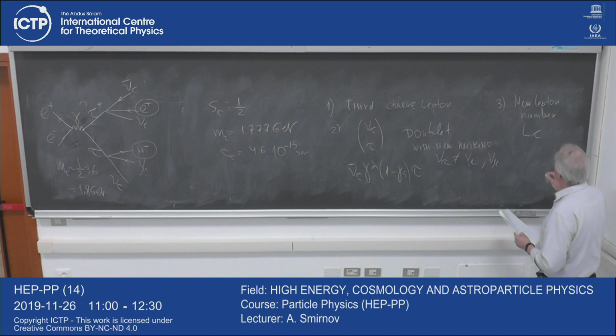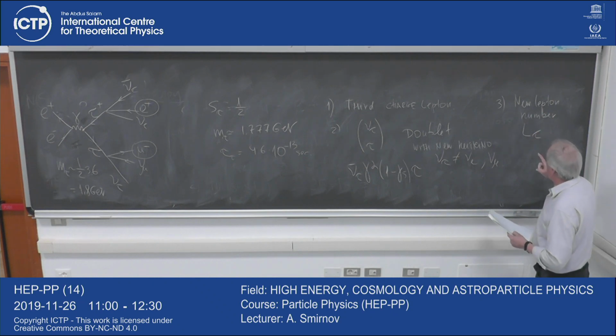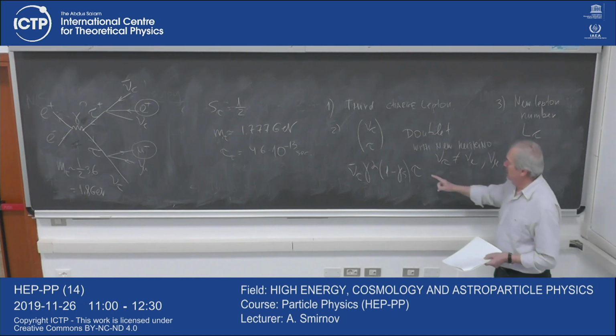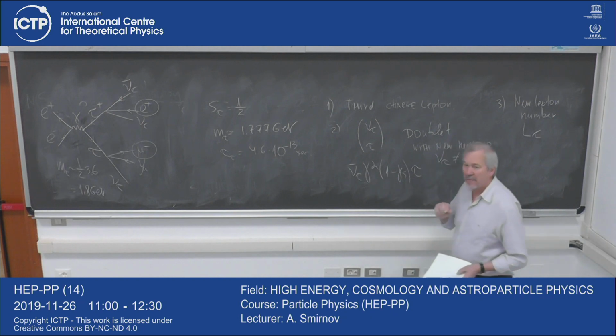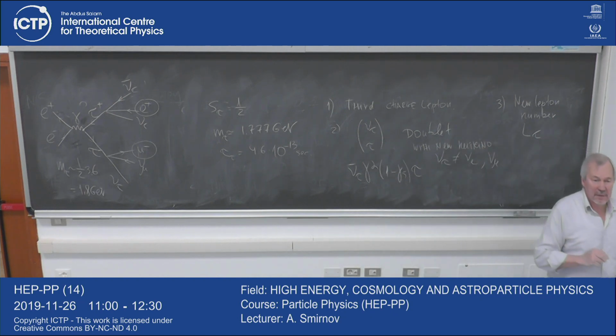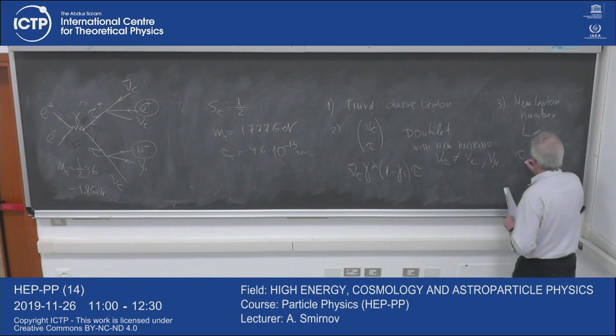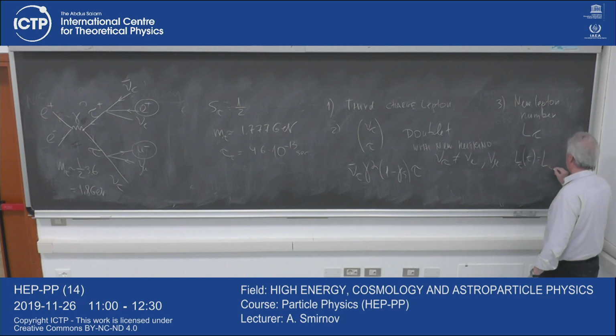So this lepton number is described in such a way that tau and nu tau have lepton number 1, and for all other particles, electron and mu, the other lepton numbers are 0. So let me write this. L tau for tau and nu tau is 1.